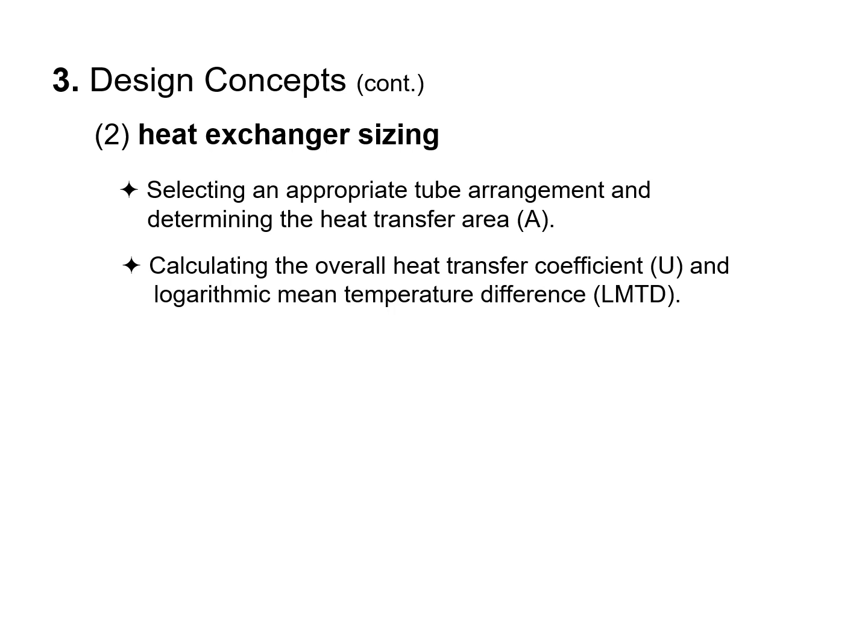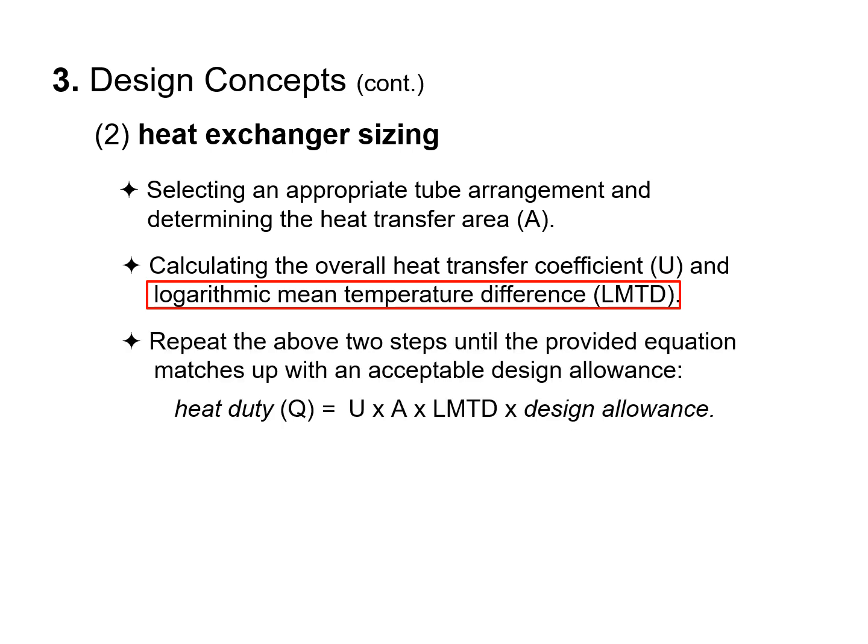Secondly, calculate both the overall heat transfer coefficient and the logarithmic mean temperature difference, abbreviated as LMTD. LMTD is a key factor that helps us understand the magnitude of the heat transfer driving force within the heat exchanger. Finally, repeat the above two steps until the provided equation matches up with an acceptable design allowance.